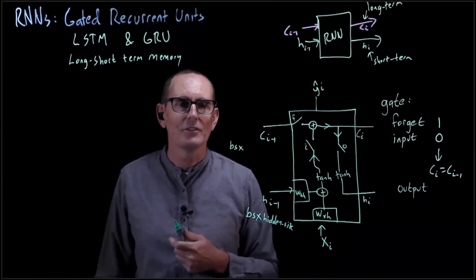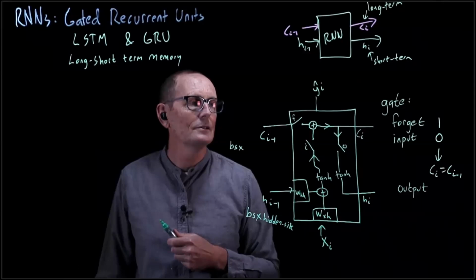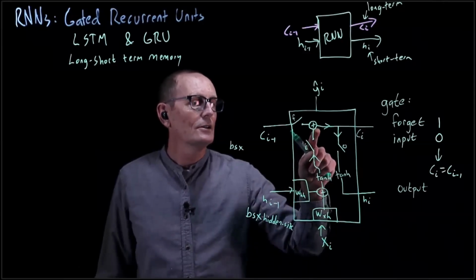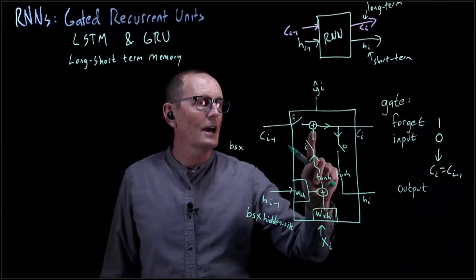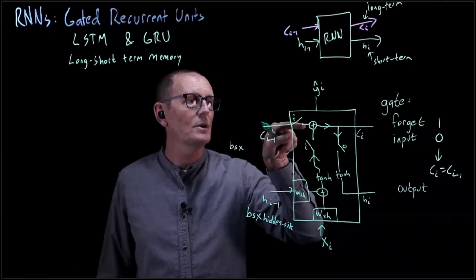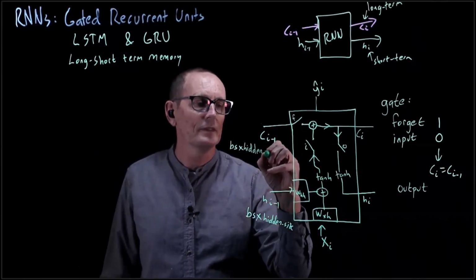Let's look at this plus here. If we're adding together this guy, which is batch size times hidden size, this guy had better also be batch size times hidden size.